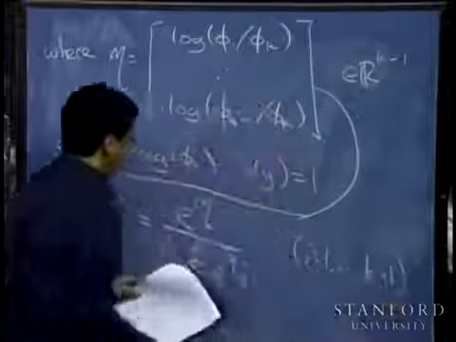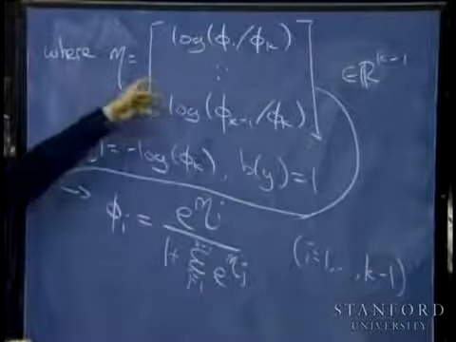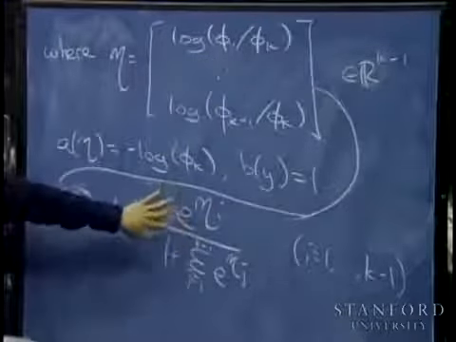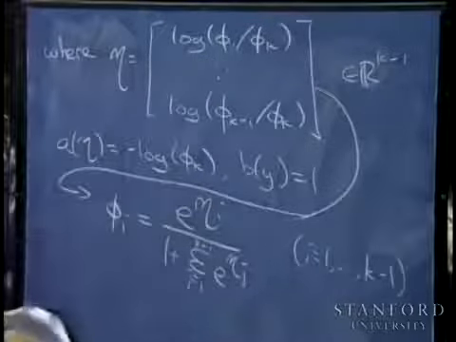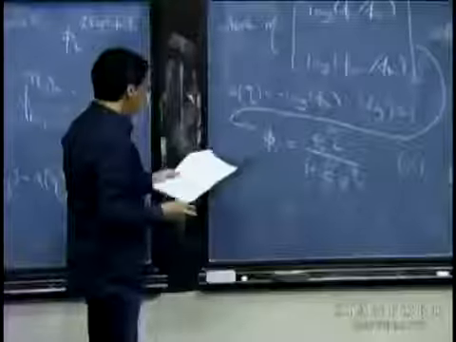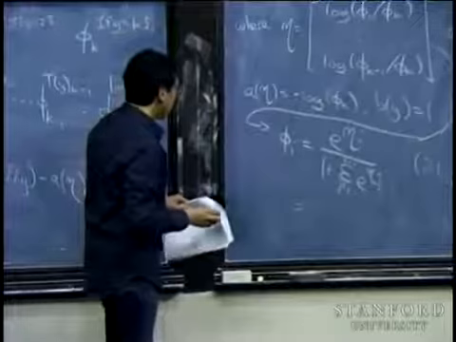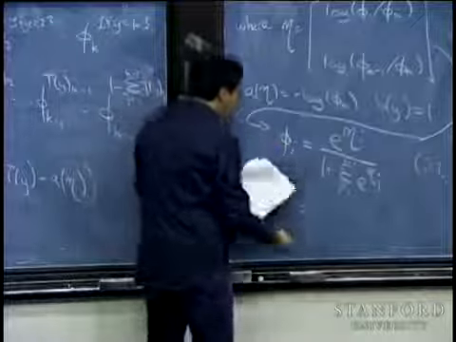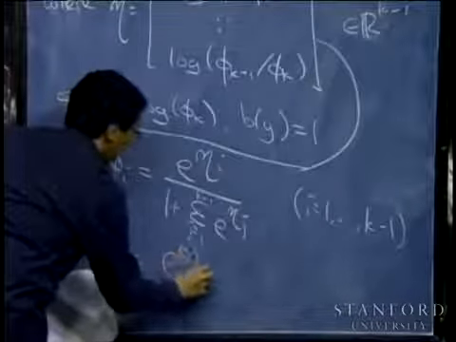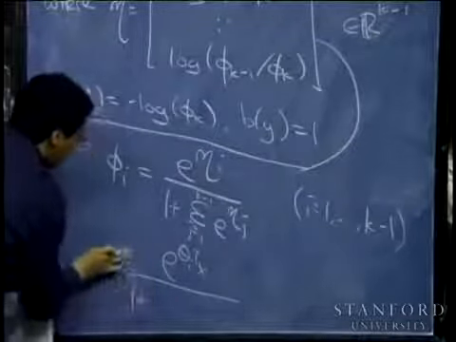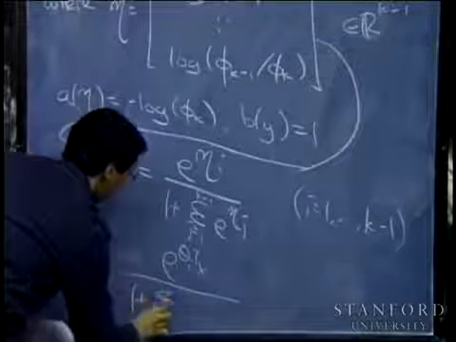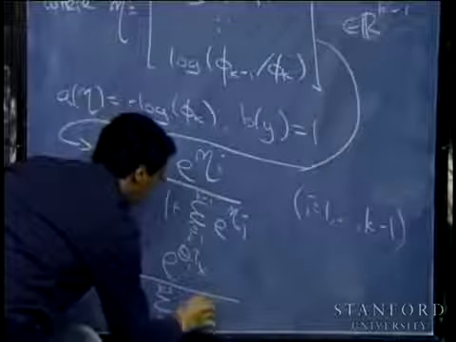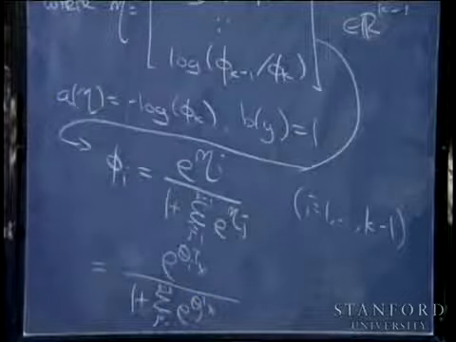The way you do this is, this defines eta as a function of phi, so if you take this and solve for phi, you end up with this. There are a couple of steps of algebra that I'm just not showing. And then lastly, using our assumption that the etas are a linear function of the input x's, phi i is therefore equal to e to the theta i transpose x divided by 1 plus the sum over j equals 1 to k minus 1 of e to the theta j transpose x.